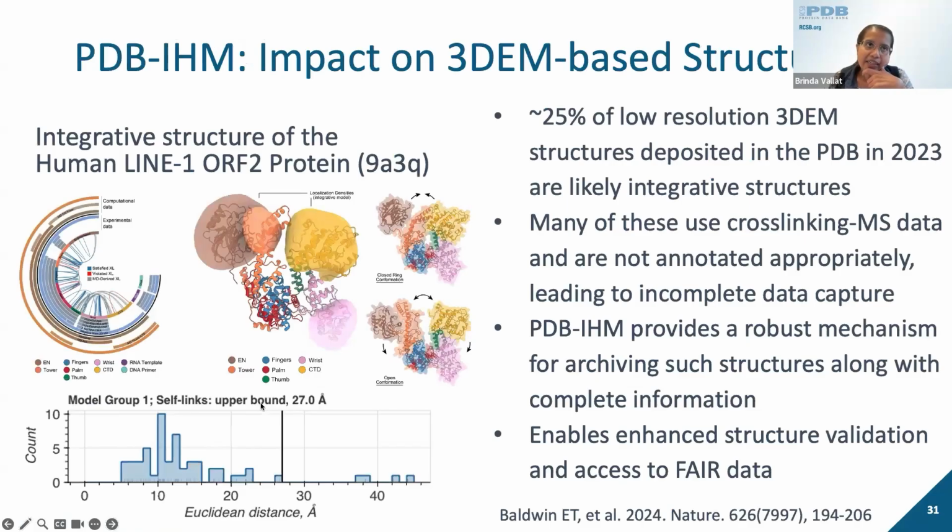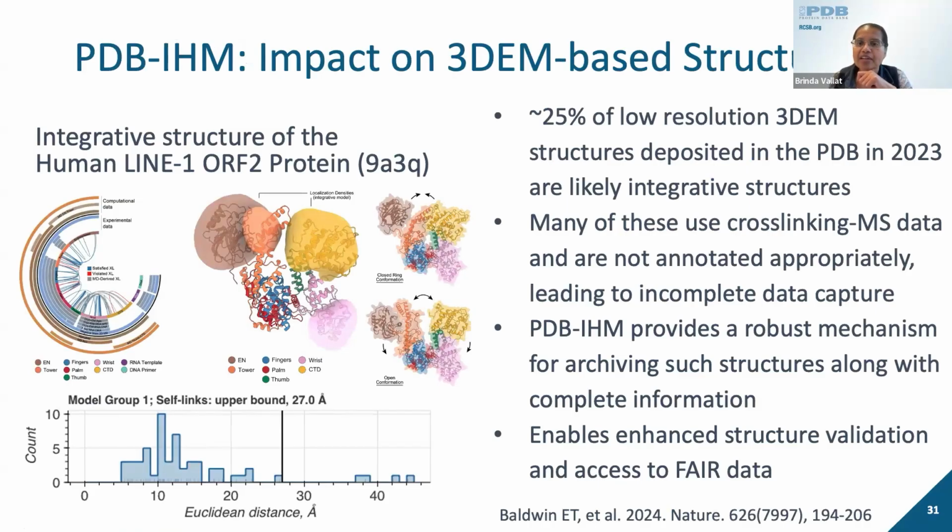We did an analysis in 2023 of the primary publications corresponding to low-resolution 3D-EM structures in the PDB, and that showed that about 25% of these structures are likely to be integrative structures. Many of these structures are not annotated as integrative structures and use other kinds of restraints, maybe even from crosslinks.